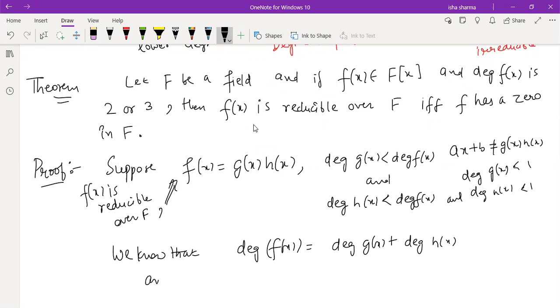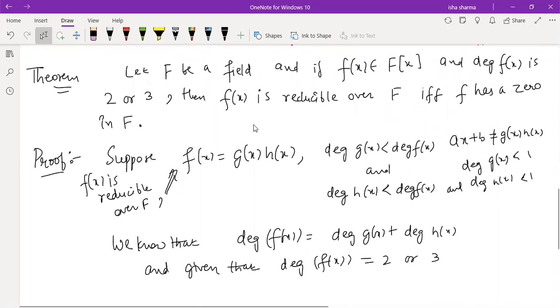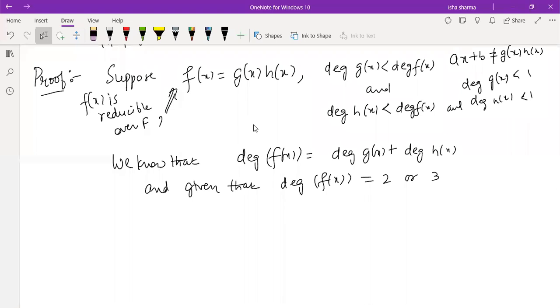And what else is given to you? We are given that degree of f(x) is 2 or 3, right? So if degree of f(x) is 2, then what are the possibilities for degree of g(x) and degree of h(x)?